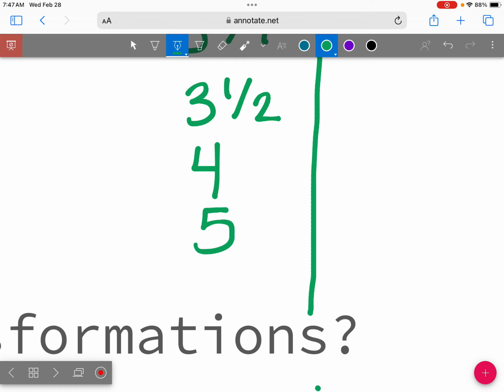And 4 plus 3 gives us 7. So we're doing the exact same operations we've done with A, H, and K for forever.